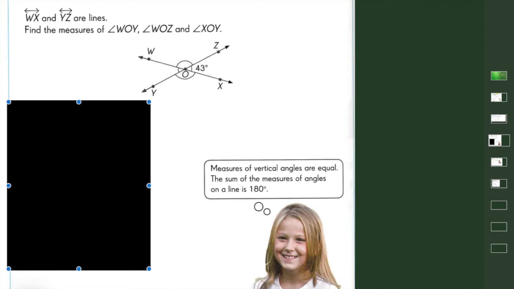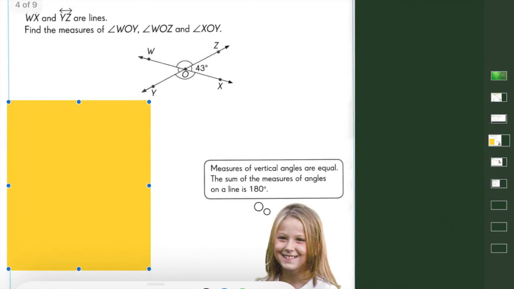So this starts off by telling us that WX and YZ are lines. And they are asking us to find the measure of the missing angle. So we need to find the measure of angle WOZ, the measure of angle WOY, and the measure of XOY.